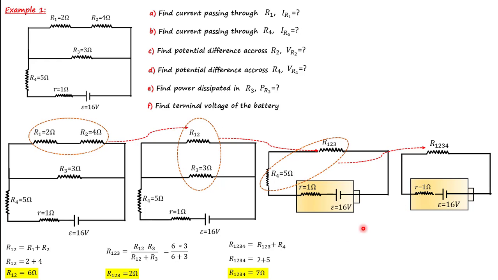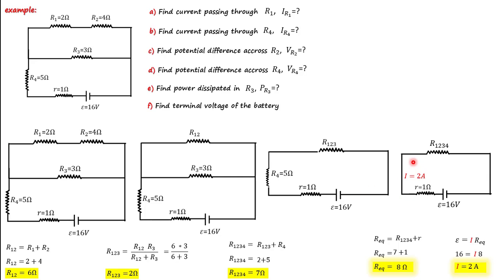Now we can find the equivalent resistance, the sum of R1234 plus the internal resistance, 7 plus 1, and you get 8 ohm. So this is the equivalent resistance. If you have this, and if you have your voltage, then you can calculate your current, which is V equals I times R equivalent. This is 16 volt equals I times 8, and I is 2 ampere.